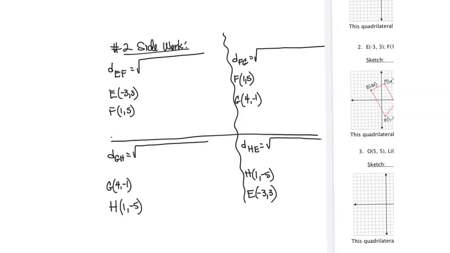Plugging in all of our numbers, we will have the square root of (1 minus -3) squared plus (5 minus 3) squared. 1 minus -3 gives us 4 squared plus 2 squared, which is equal to the square root of 16 plus 4, which is equal to the square root of 20.